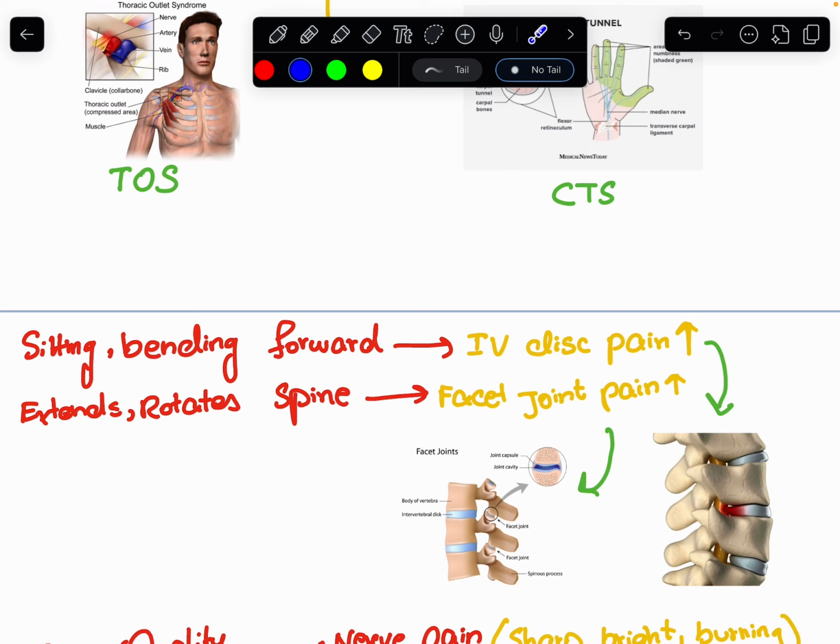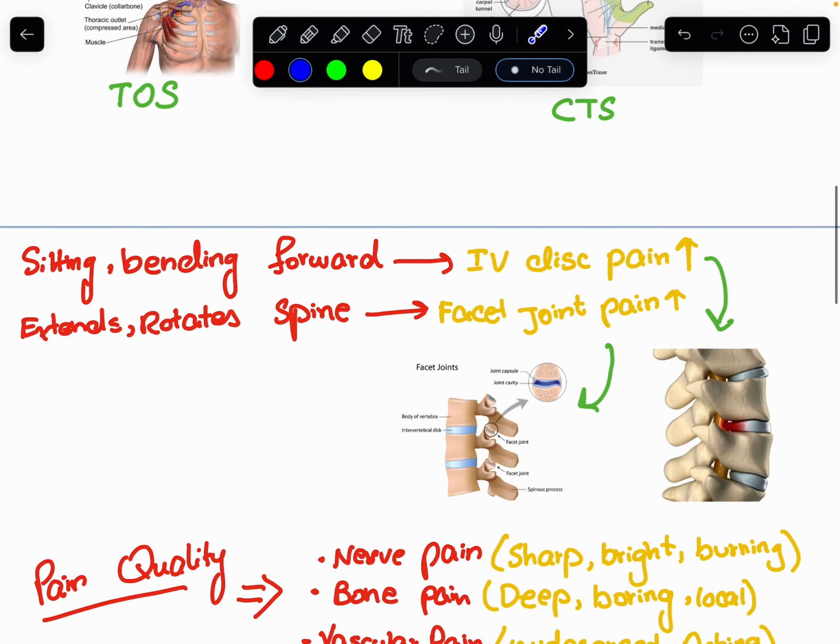Okay, the next thing that you are going to ask the patient is if the pain is getting better when he sits or bends forward. When the patient says that the pain is increasing when he's bending forward, then that could indicate maybe it is a disc pain. Why? Because a disc pain, let's see, here is a diagram of an intervertebral disc and some vertebrae. You can see that there is a certain kind of inflammation or a protrusion outside at this point.